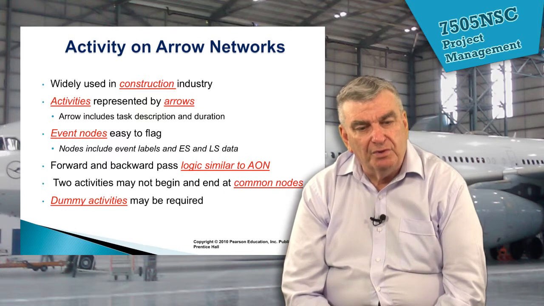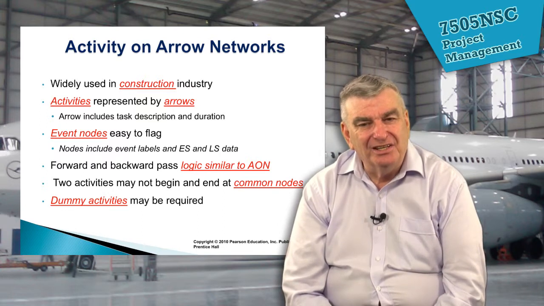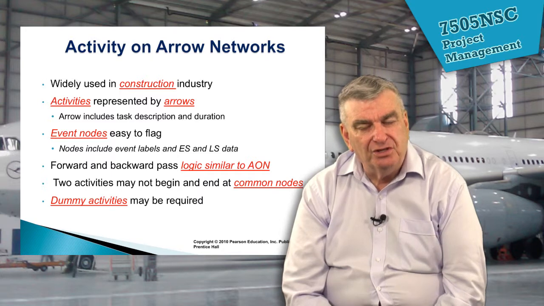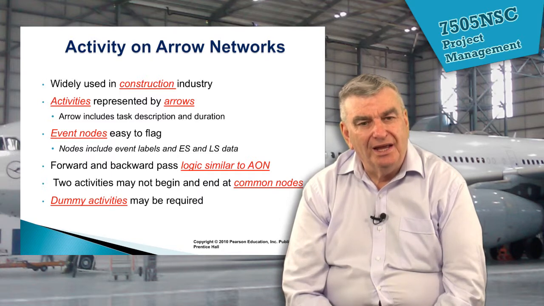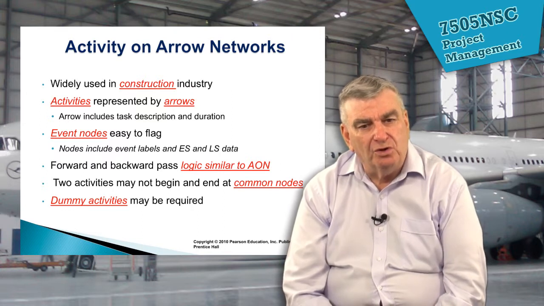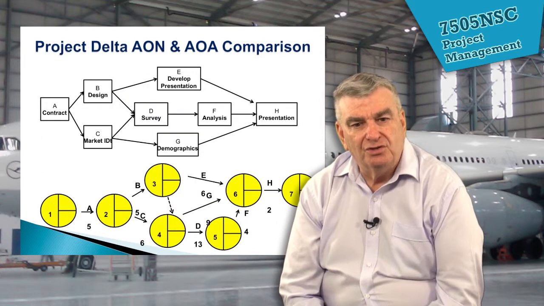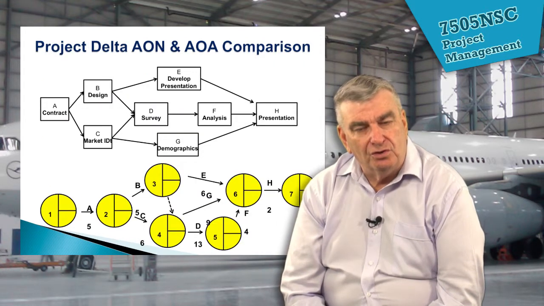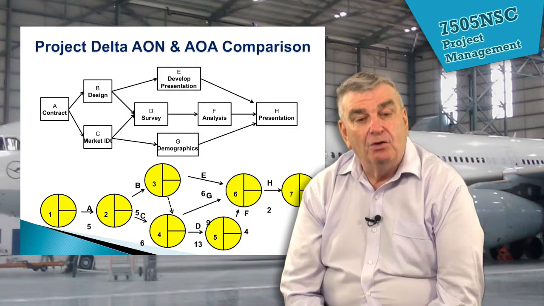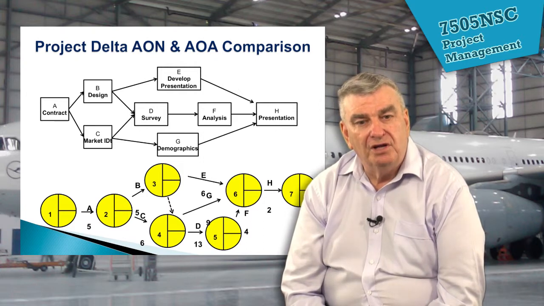So there are a lot of similarities, but we'll see that the difference between activity on arrow and activity on node is that it is very hard to depict certain parts of the network. So we have to use this concept of dummy activities. And so we'll see the way the dummy activities are used. At the top of this diagram, we see the activity on node network shown.